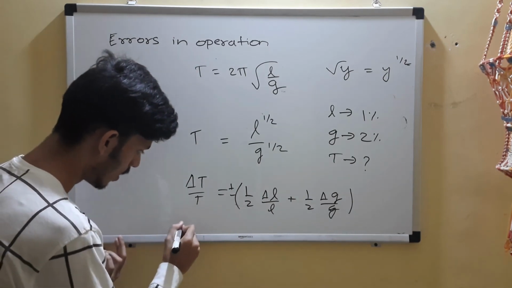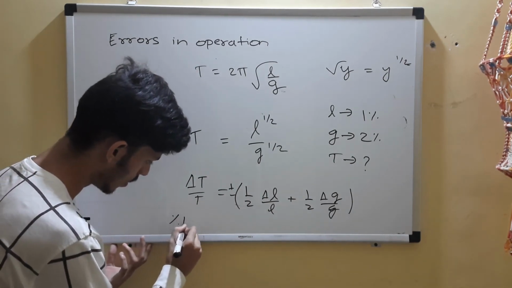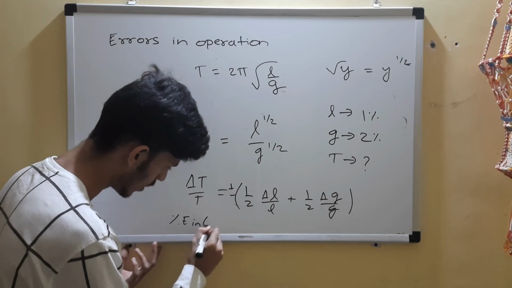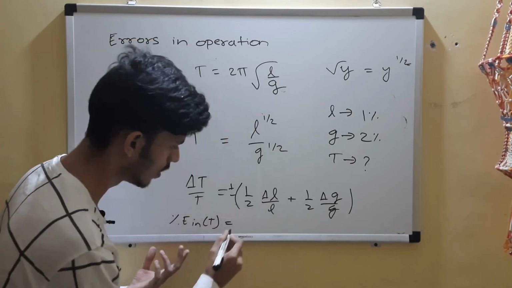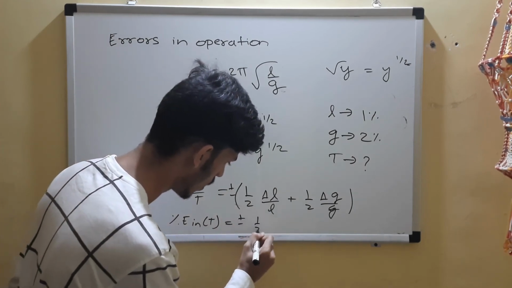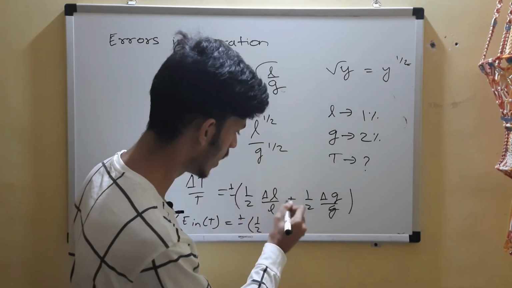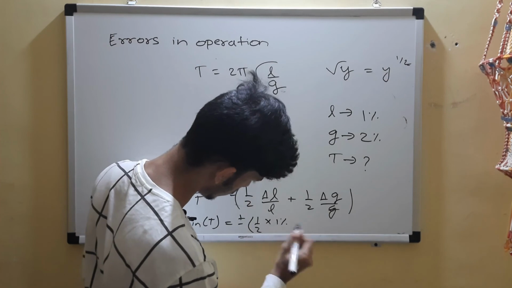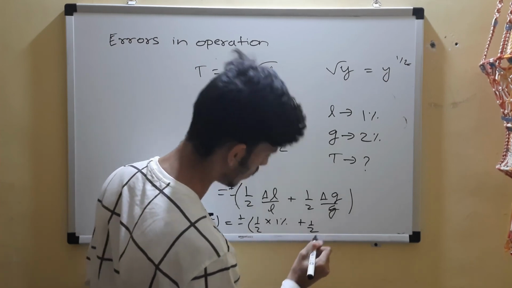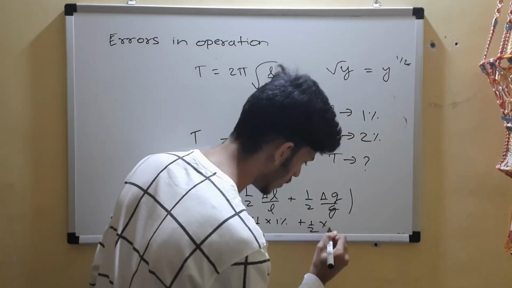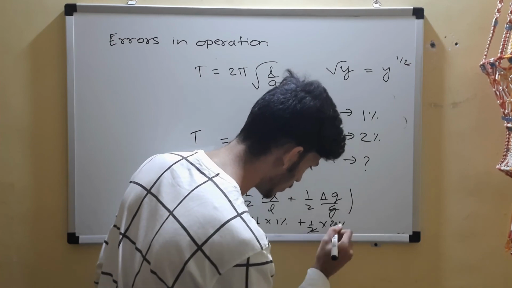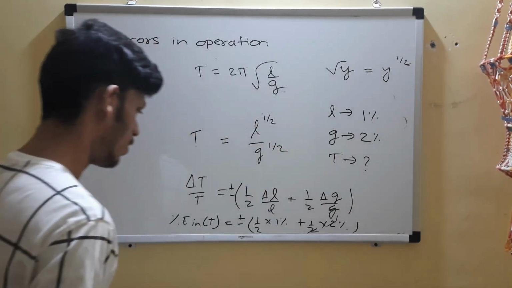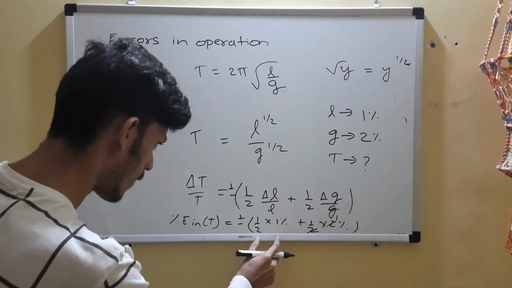So this becomes a percentage error in T, I'll say. Now this is half, and when you multiply this by 100, it's 1%. And here also you'll have g, we have 2%. This 2 and 2 cancel, you get 1. Okay, so what is this?